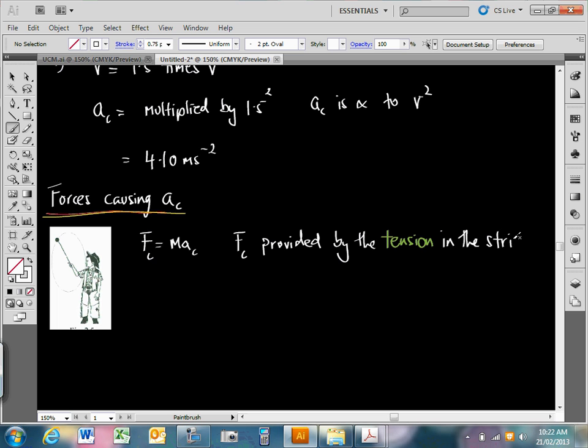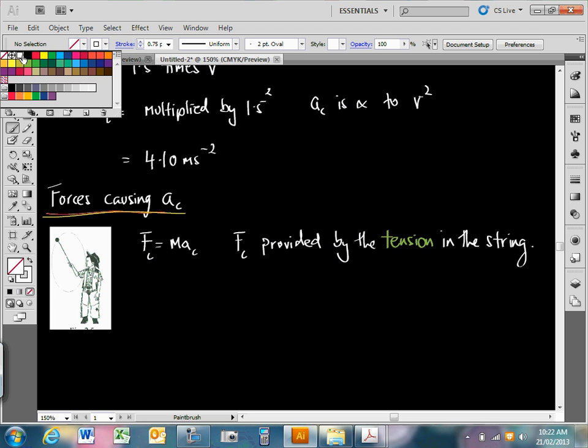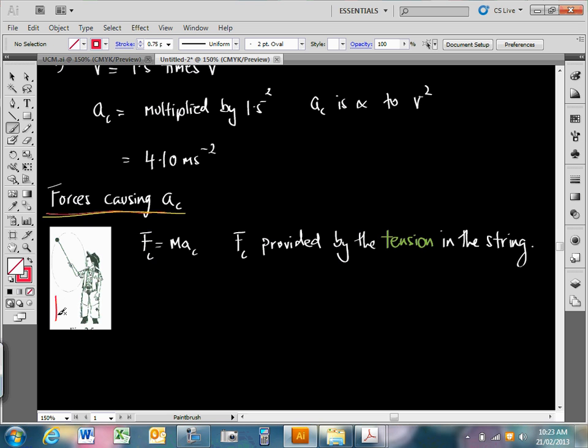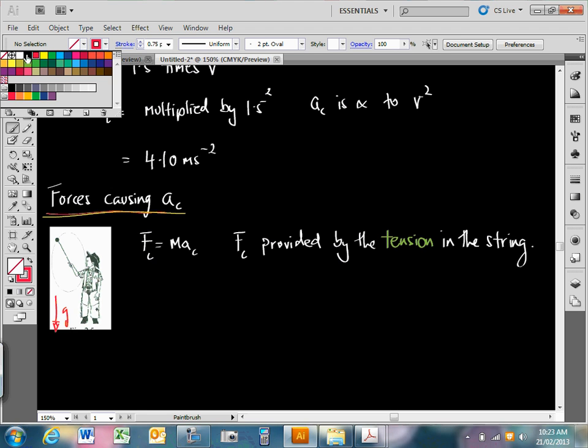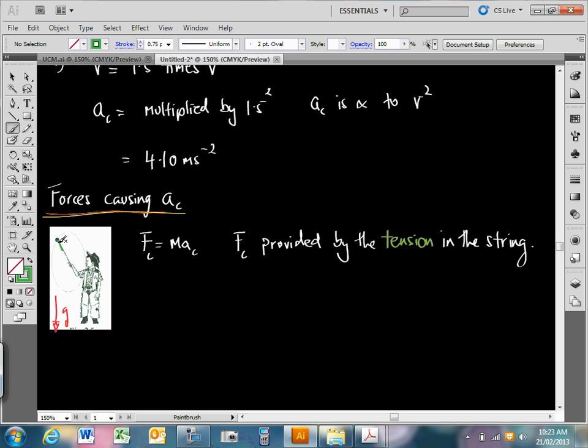So imagine, on its way up, we have, of course, gravity, G, always. Where does the centripetal acceleration point toward? It points towards the center of the circle in all cases.